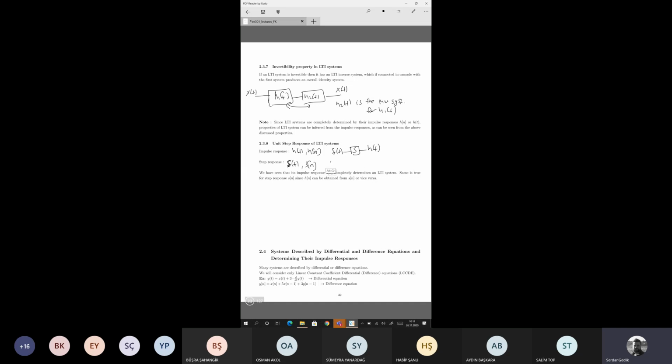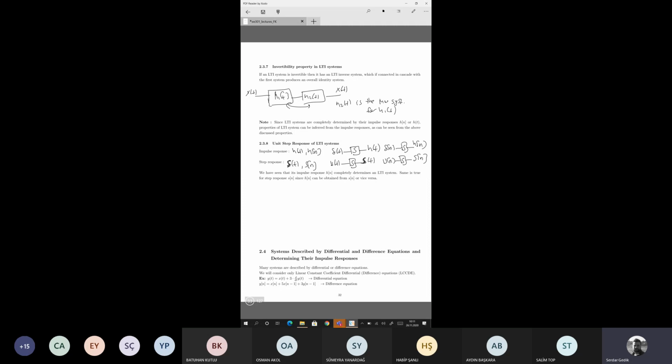But for the step response, I have the unit step signal at the input, and I have s of t at the output. Of course, in the discrete case, you have impulse of n at the input and you have h of n at the output. You have u of n at the input and you have s of n at the output. So this is how we define the step response.